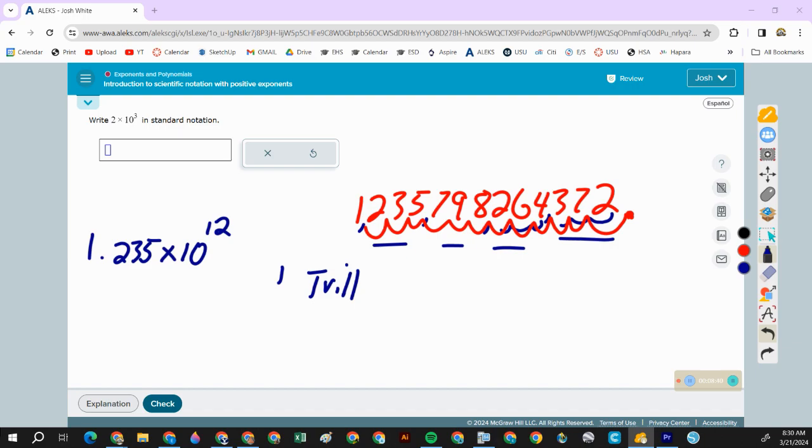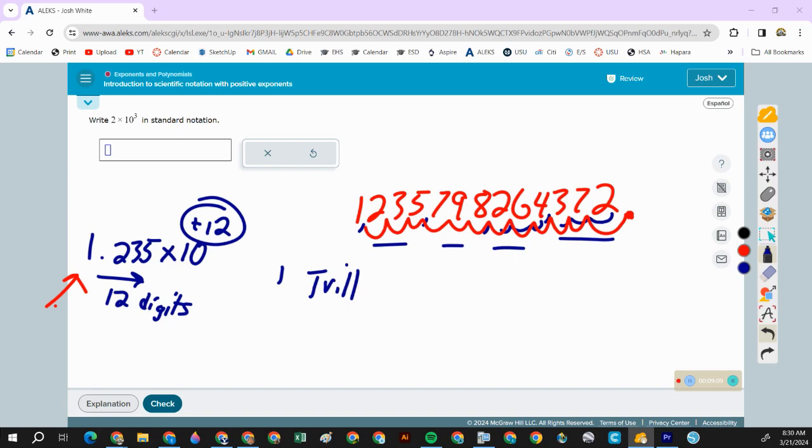And what that means is I have a number that starts with a 1 and it has 12 digits after that before I hit the decimal. So to turn scientific notation into standard notation, because this is a positive 12, we would move to the right 12 digits. And it's just an easier way to deal with really, really large numbers or really, really small numbers.